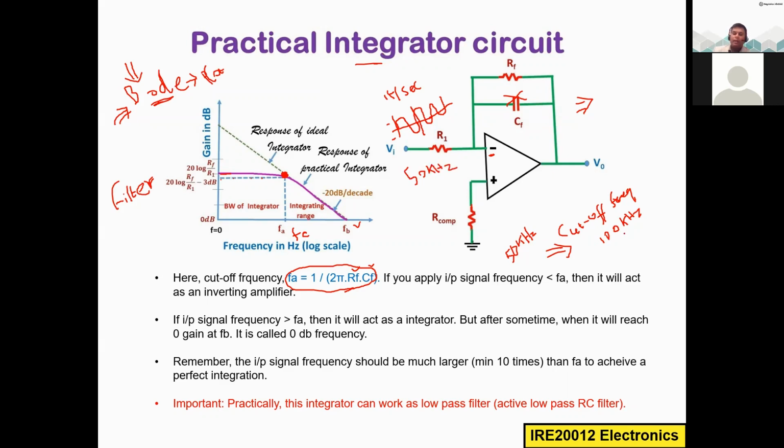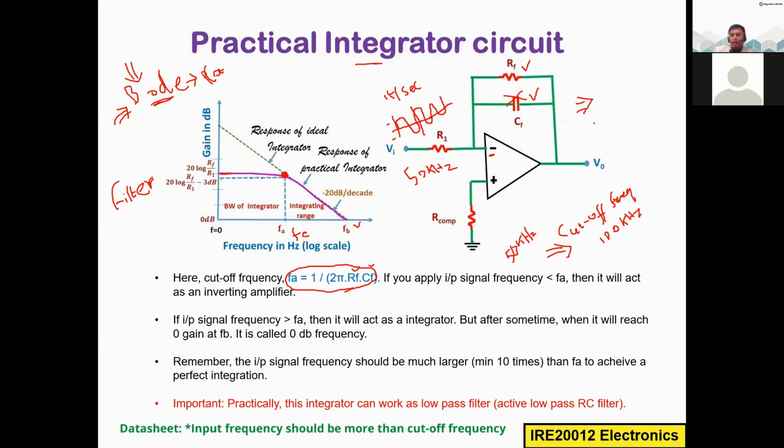Definitely no, because I already calculated the cutoff frequency value using this formula, and I know what values I am using here. So if I apply less than the 100 kilohertz cutoff frequency, this circuit will not work as an integrator. It will just work as an inverting operational amplifier.